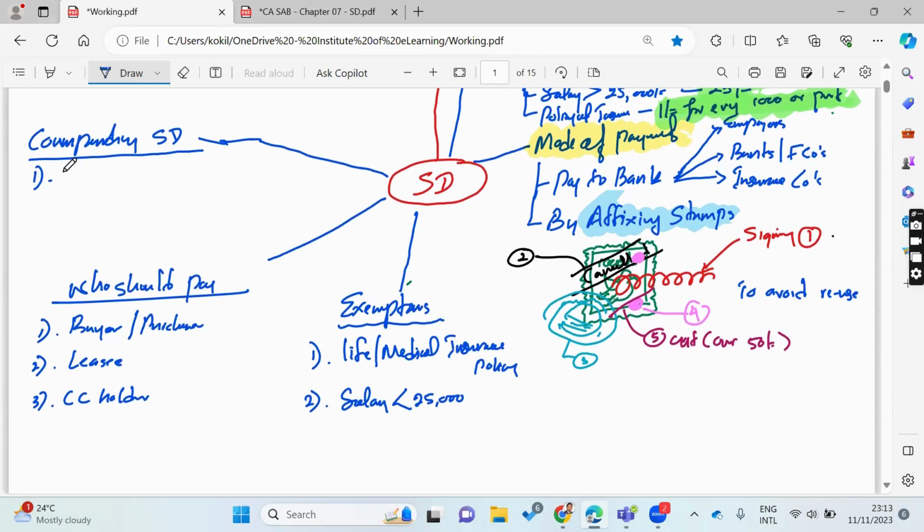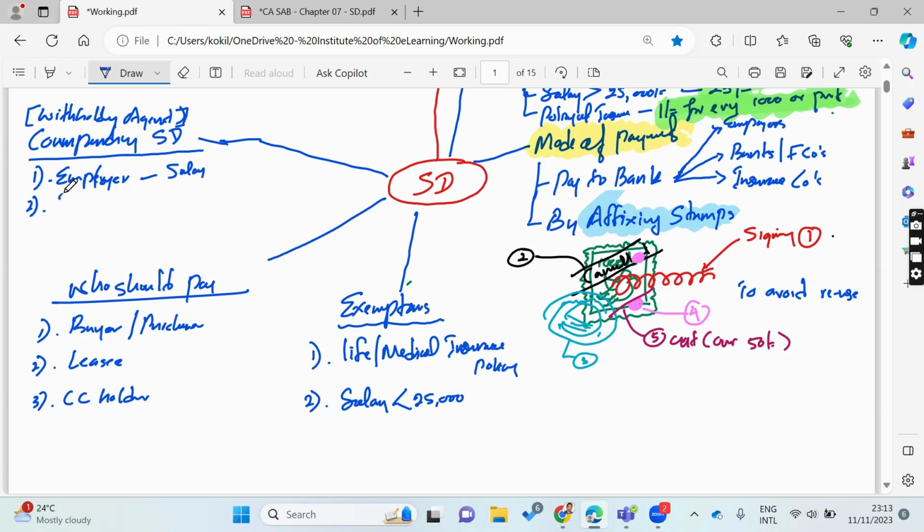In simple terms we can say withholding agent. The employer deducts if it is salary.